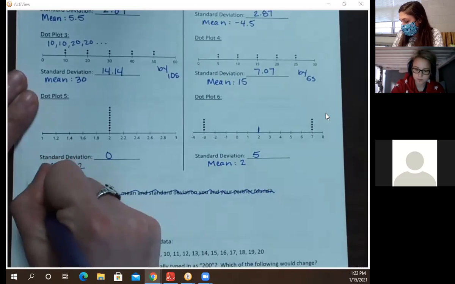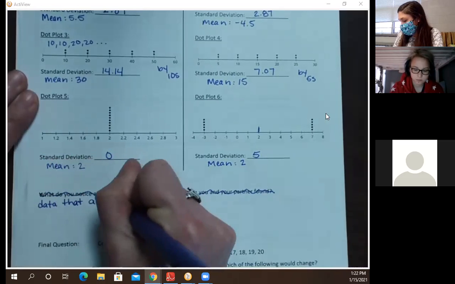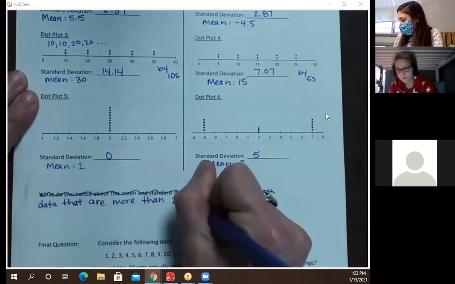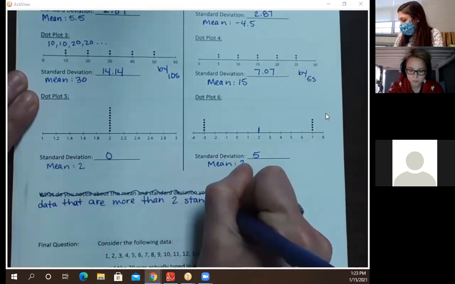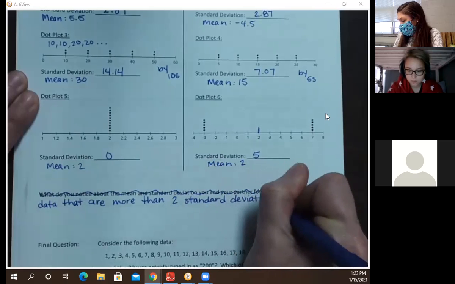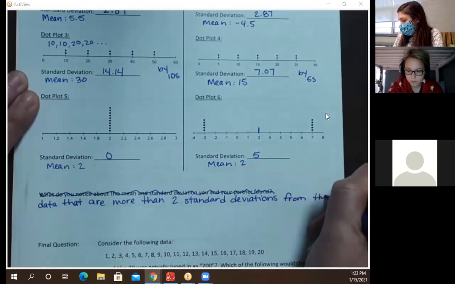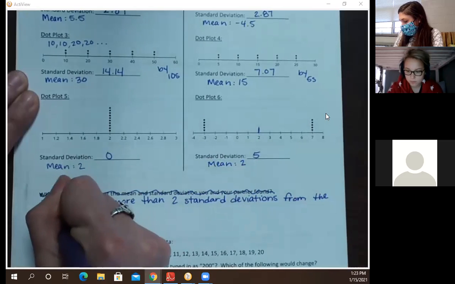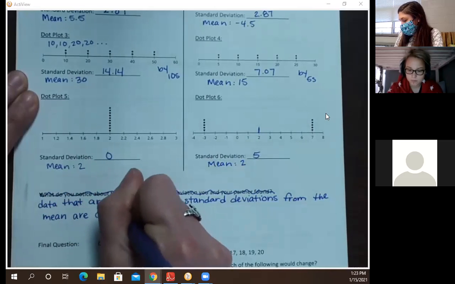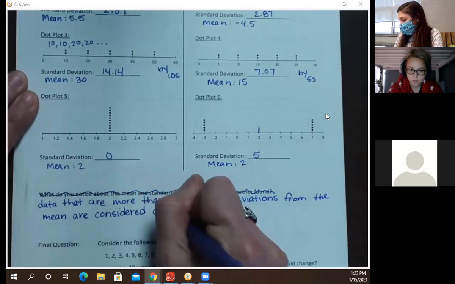So data that are more than 2 standard deviations from the mean are considered outliers.